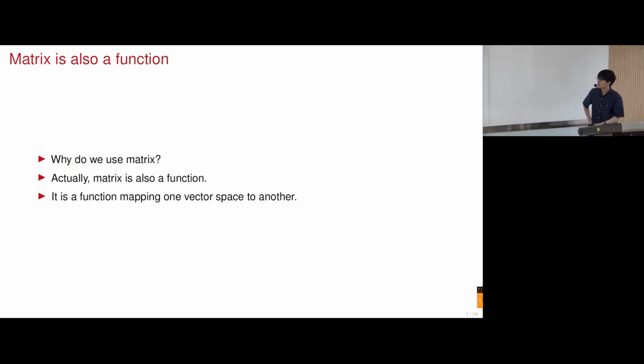But also, we use a matrix because a matrix is a sort of function that has very nice properties. It is a function mapping one vector space to another. Remember when we talked about functions, we talked about a function that maps one space to another space. In analysis, we talked mostly about functions mapping real numbers to real numbers. Well, a matrix itself is a function that maps vector spaces into vector spaces. So let's talk about this.